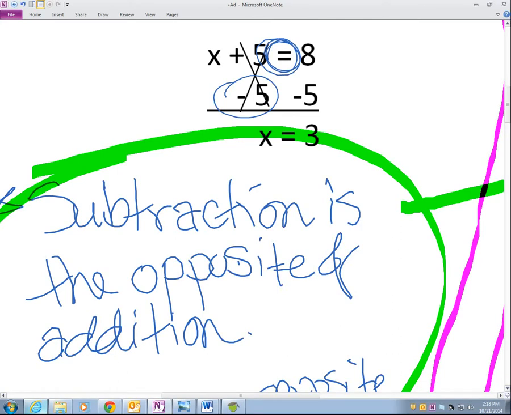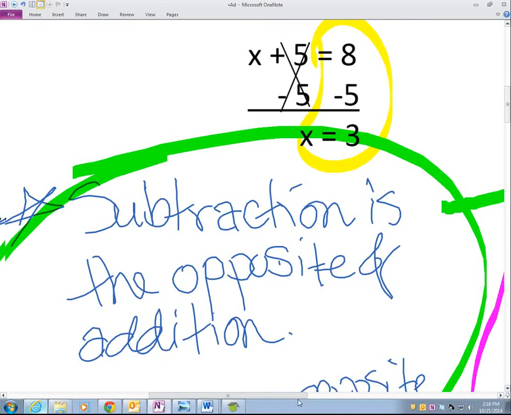This equal sign means that this side is having something happen to it, so this side has to have something happen to it. Since this side is getting minus 5, this side has to get minus 5. And then we find out, just by looking at this, that 8 minus 5 equals what? 3. 8 minus 5 is 3, and x equals 3.